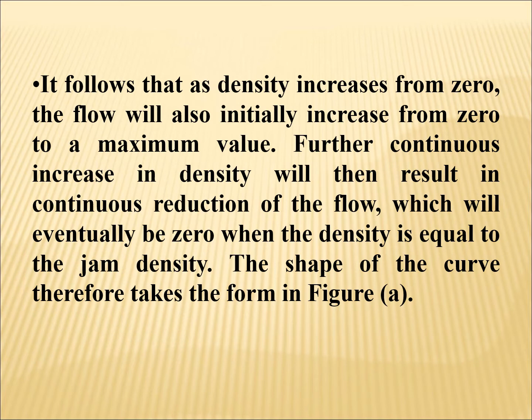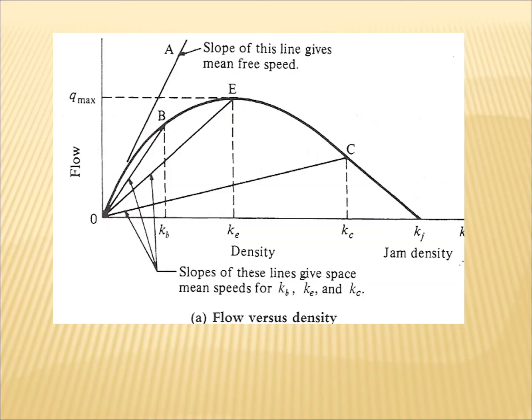Now look at figure A. You can see that along the vertical axis is the flow and along the horizontal axis is the density. The typical shape of the curve is like this.